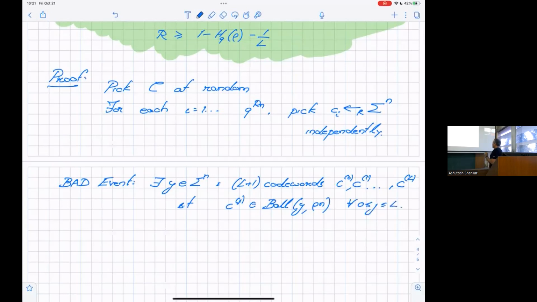That's the bad event. If we can show that the probability of the bad event is less than 1, then there is a code for which this bad event does not happen. So that's basically it.